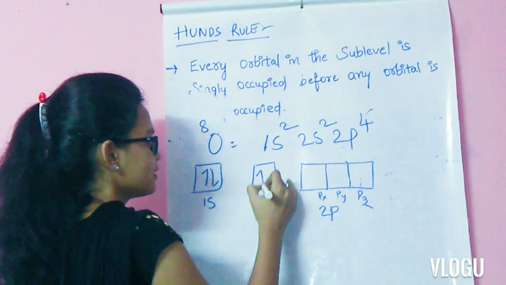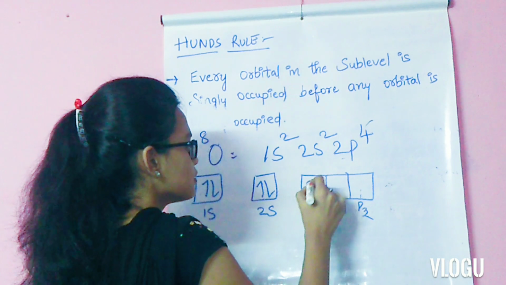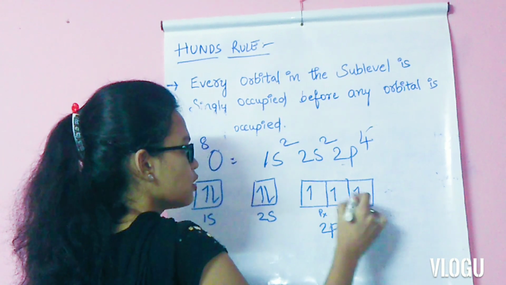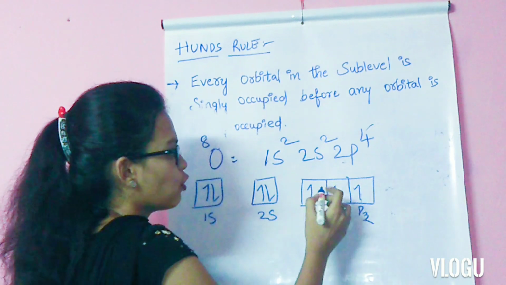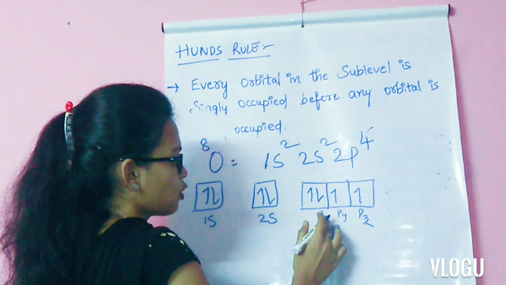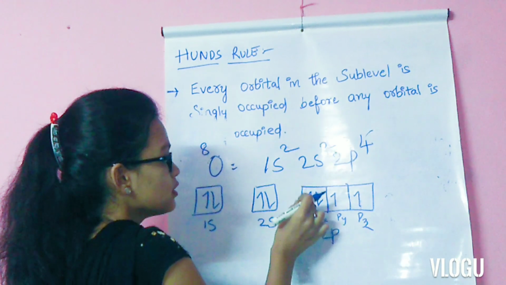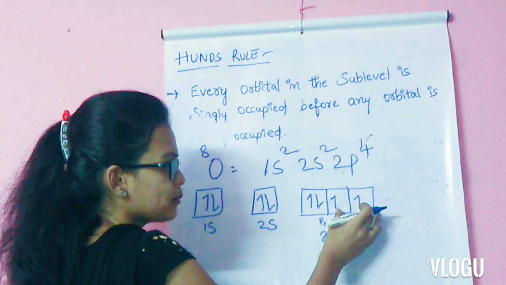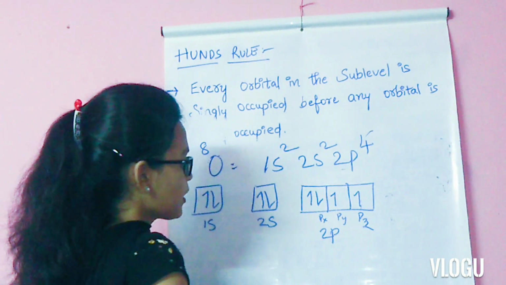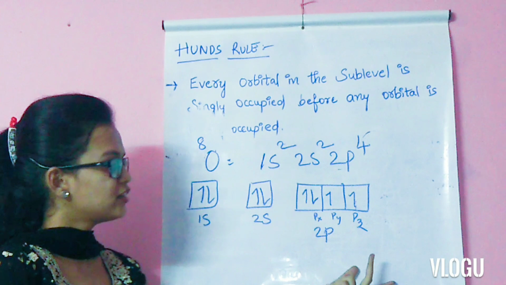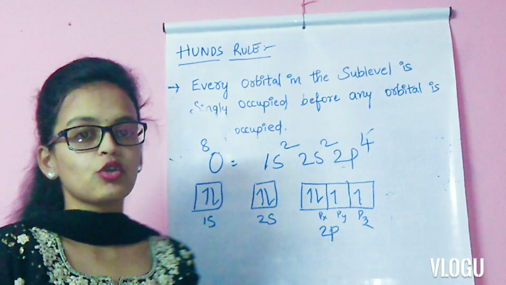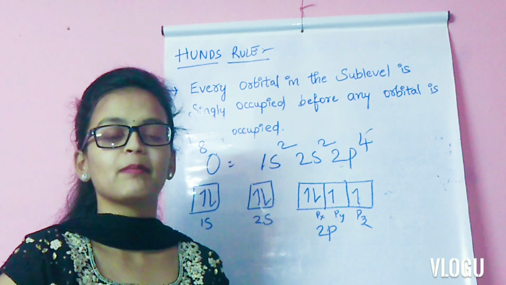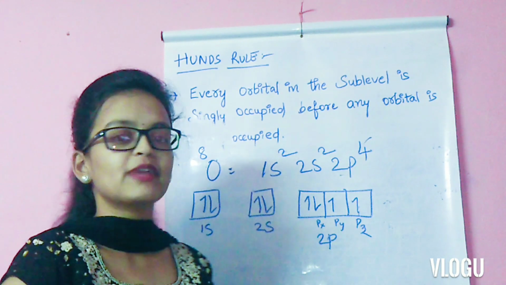Here 2 electrons and here also 2, and all the orbitals are singly occupied. Then the incoming 4th electron will enter the px orbital, so that the electrons are paired up, and the 2 unpaired electrons will remain as they are. So here also Hund's rule is applied, and you can write the electronic configuration for different elements by applying the Aufbau principle and Hund's rule.